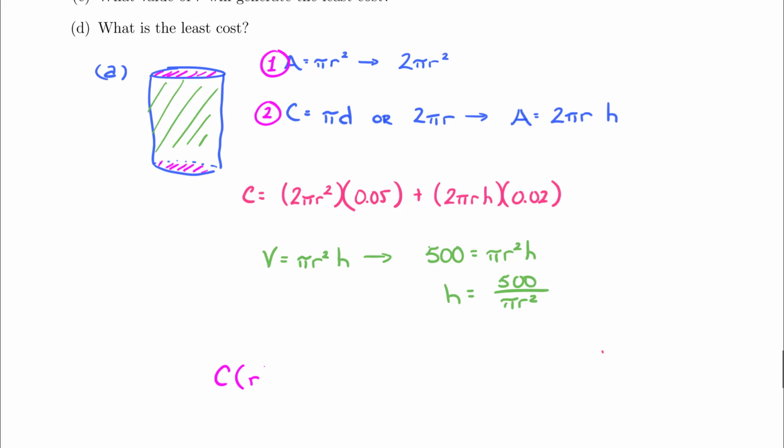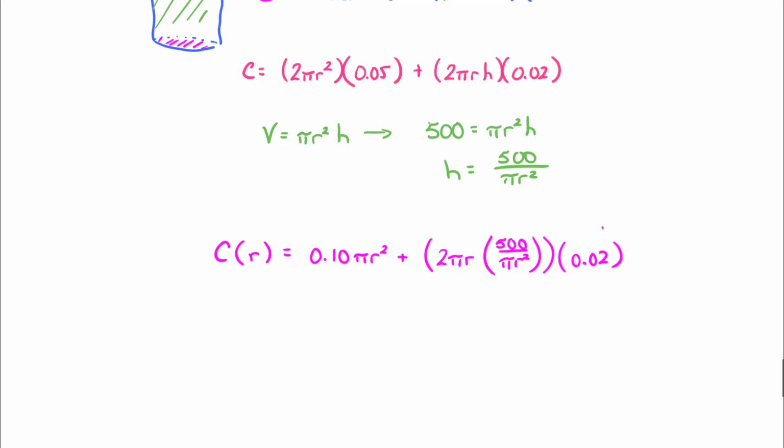And we're going to get this cost function, in terms of the radius, is going to be, let's see, 2 times 0.05 will give us 0.10 pi r squared, plus, and then we have this 2 pi r, and we're replacing h with 500 over pi r squared times 0.02. So we need to clean the right side up, what's to the right of the plus sign, a little bit more. And when we do that, we will notice that the pi's are going to cancel.